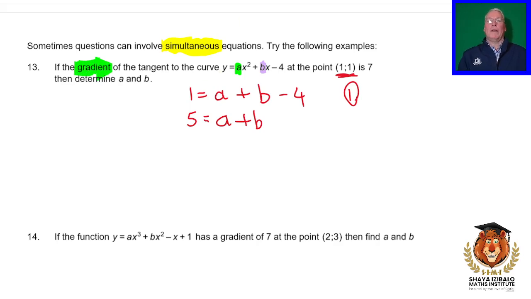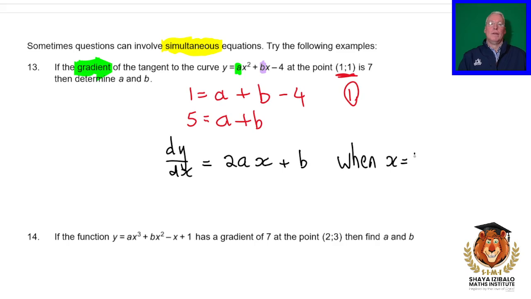So how do we work out gradient? Absolutely, we're going to differentiate our function. So we're going to get dy/dx is 2ax plus b. Now, we know that when x equals 1, dy/dx, or y dashed, is 7.